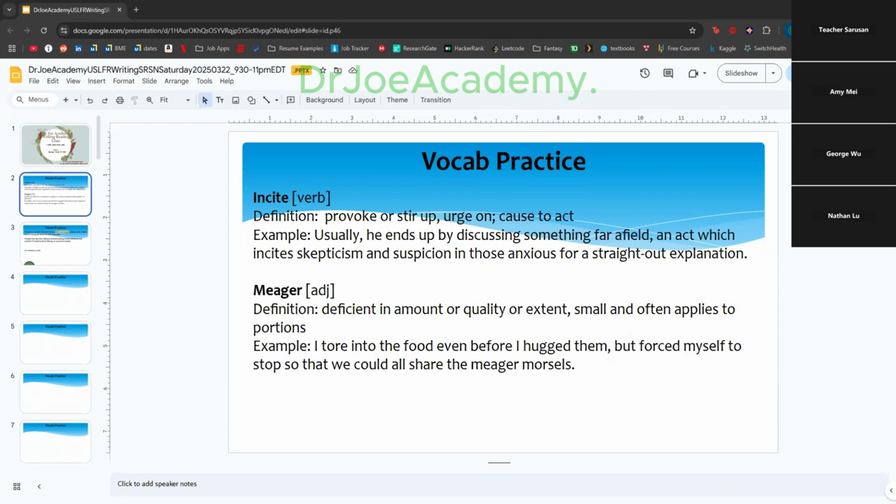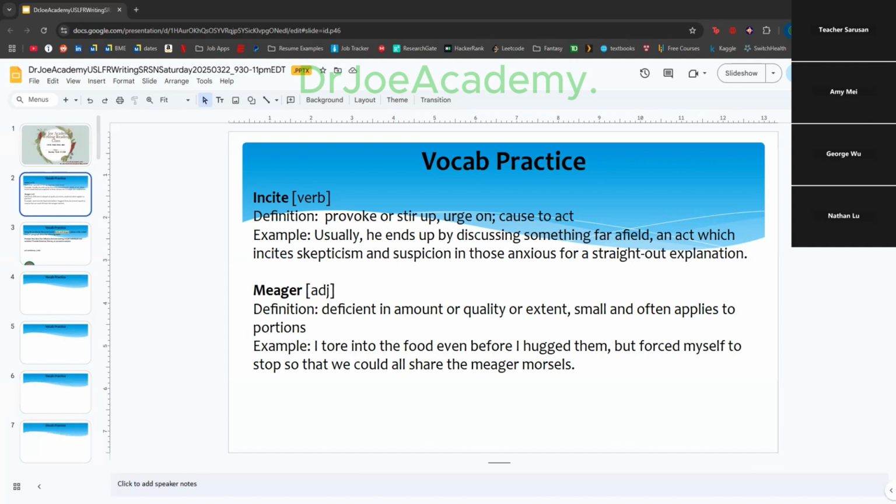Incite, definition, provoke or stir up, urge on, cause to act. Example, usually he ends up by discussing something far afield, an act which incites skepticism and suspicion in those anxious for a straight-out explanation.